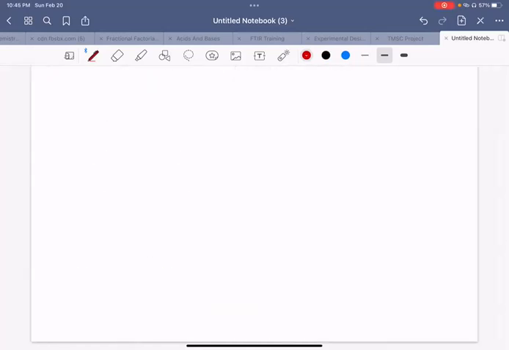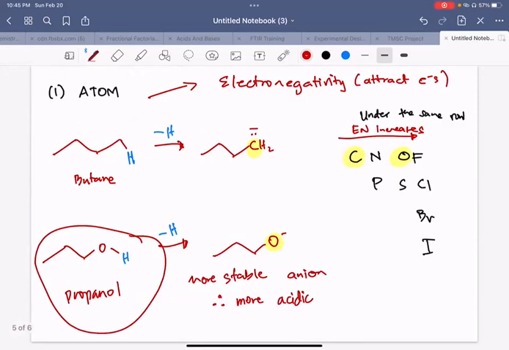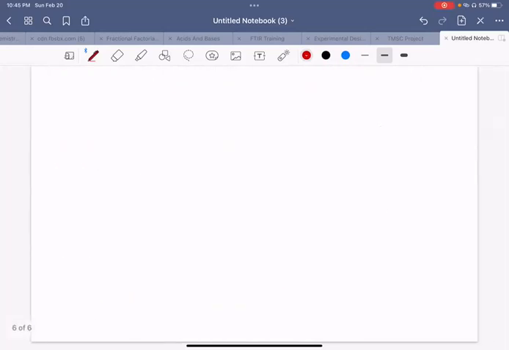Okay. Example number 2. This one is based on electronegativity. Example number 2. Let's go to a little bit of inorganic aspect. Okay, one atom.